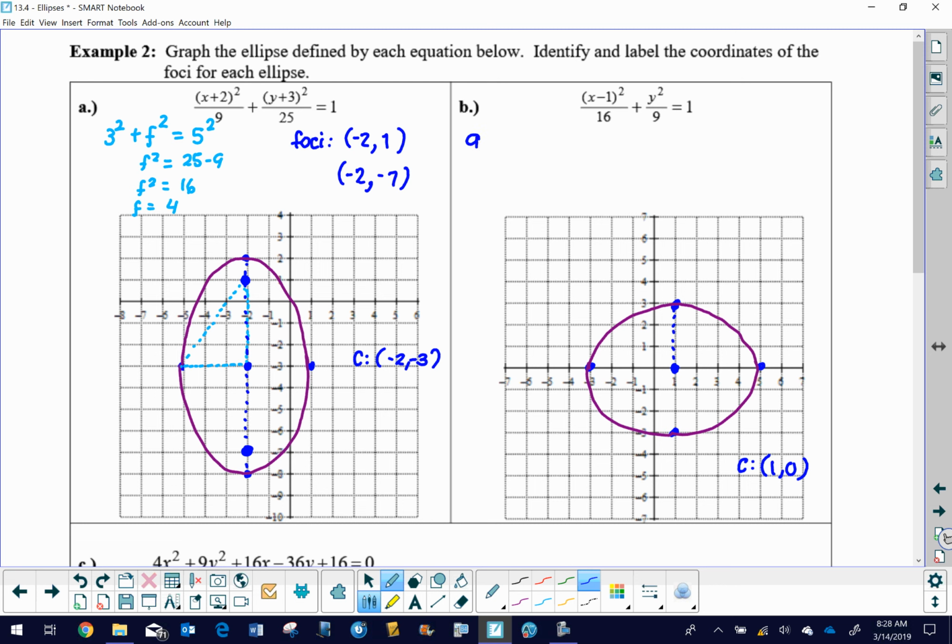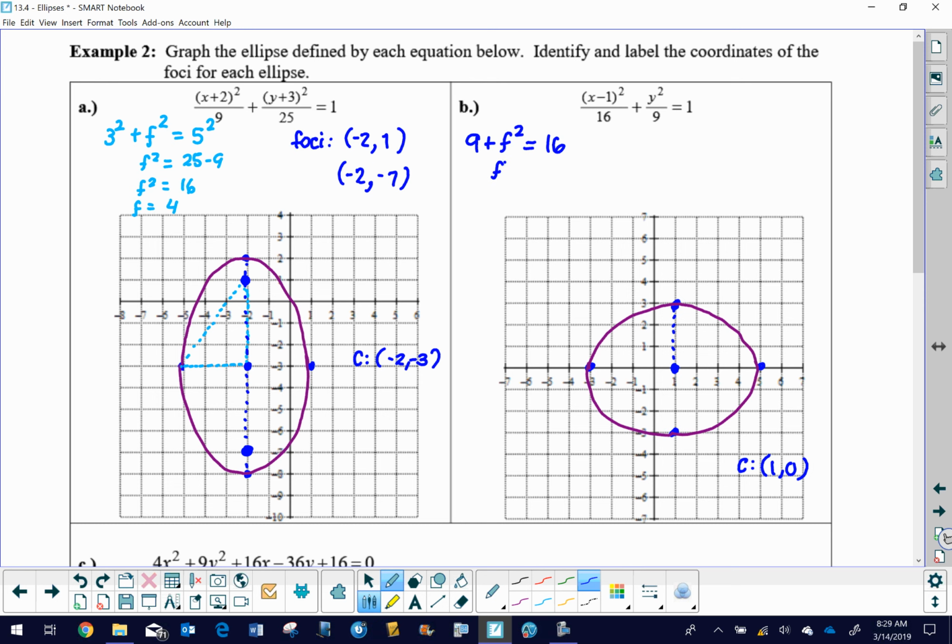So you just take that smaller number, and then you would add f squared and set it equal to the larger number. Now, sometimes I don't like teaching it that way. I don't like just blindly saying small number plus f squared equals big number, but I want you to know that that will work. But I also want you to realize that you're using the Pythagorean theorem in the exact same way that I demonstrated it in part A.